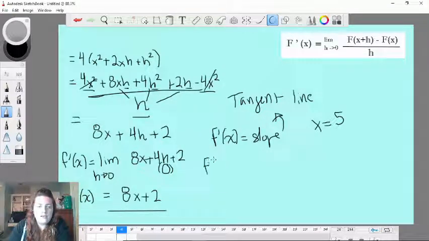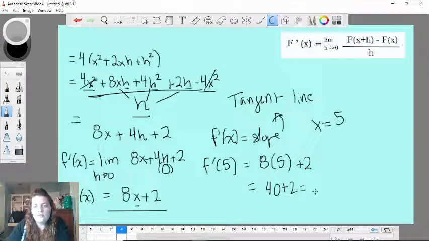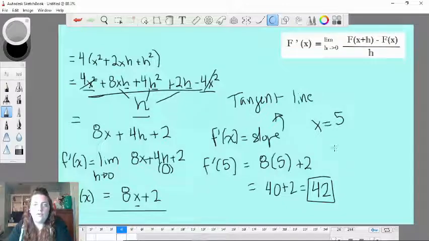So f prime of 5 in this case equals 8 times 5 plus 2 instead of x, which would equal 8 times 5 is 40 plus 2, which is 42. And you can use this to find the slope at any x. You can plug in x is 55, 22, negative 6, whatever it would be, even 0.